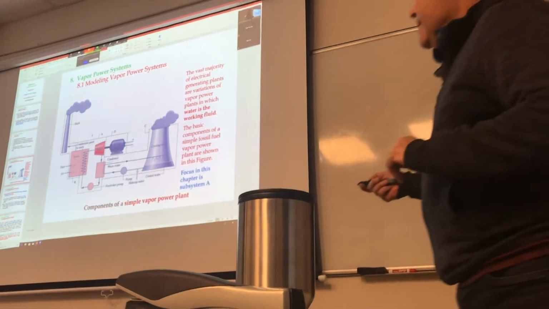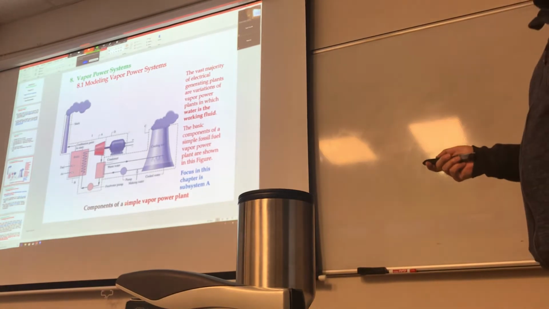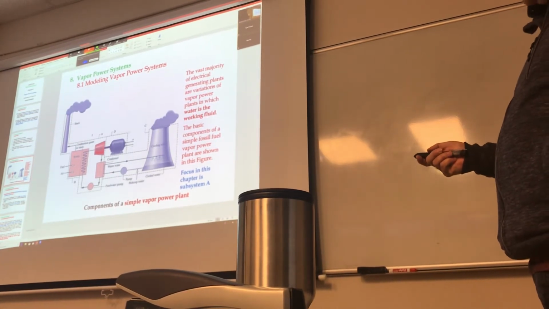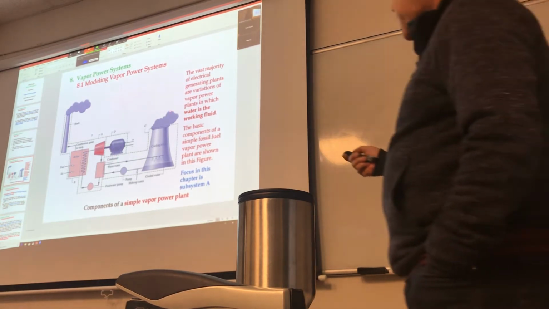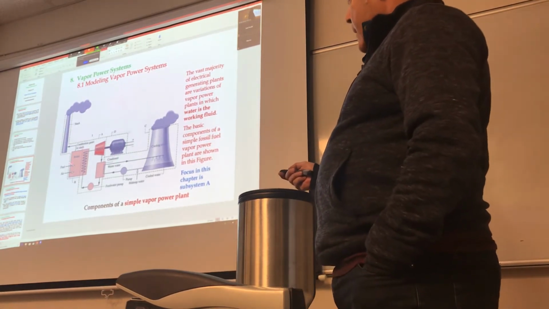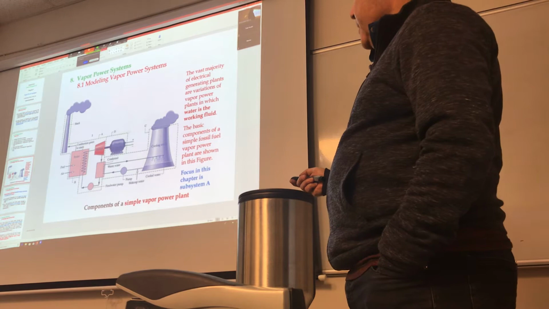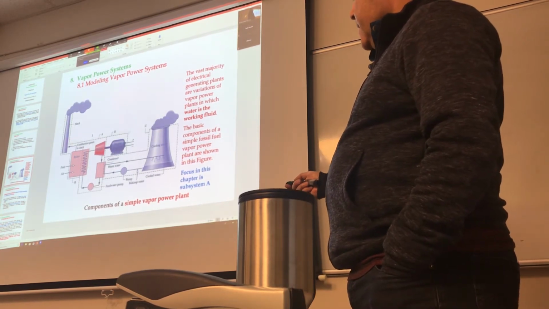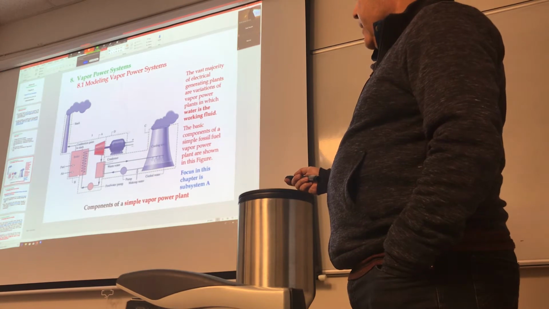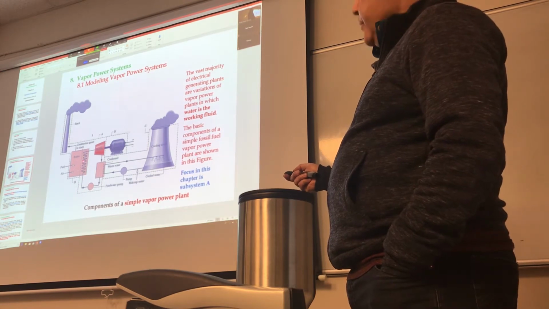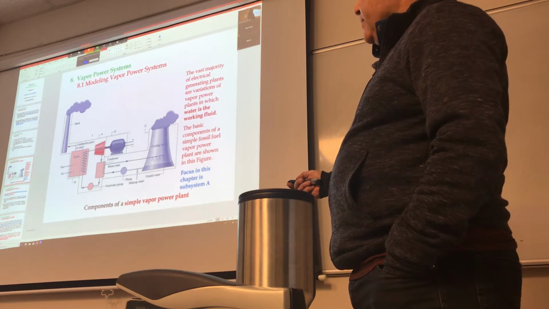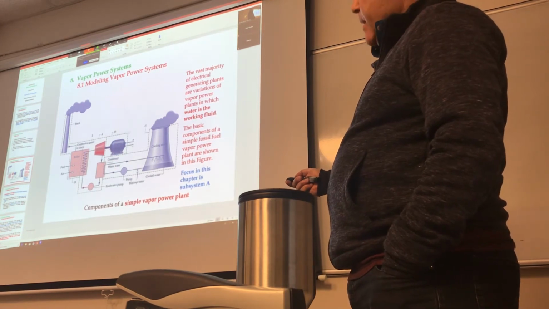So let's look at some typical components of a simple vapor power plant. A simple vapor power plant will include, so you see the subsystems in here, A, right? This is where you're converting, so this is your boiler. And this is the turbine, so your fluid is being pumped in here and energized.